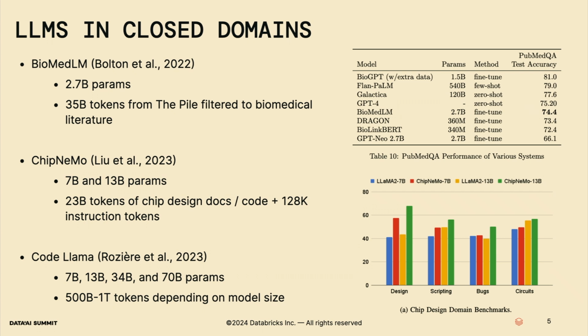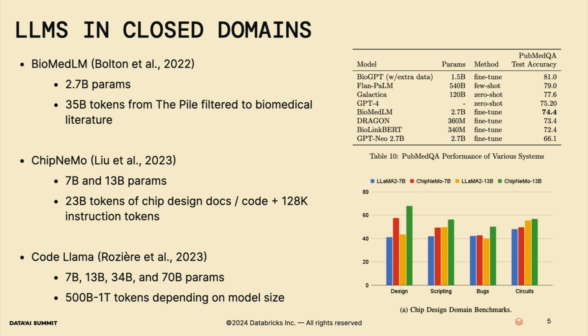Another good example of this is ChipNemo. This comes from NVIDIA's research groups. It comes in 7 billion and 13 billion parameter variants. It's trained off of Llama 2, and so those are Llama 2 model shapes. They took around 23 billion tokens of chip design docs and code. This is all proprietary and internal to NVIDIA.